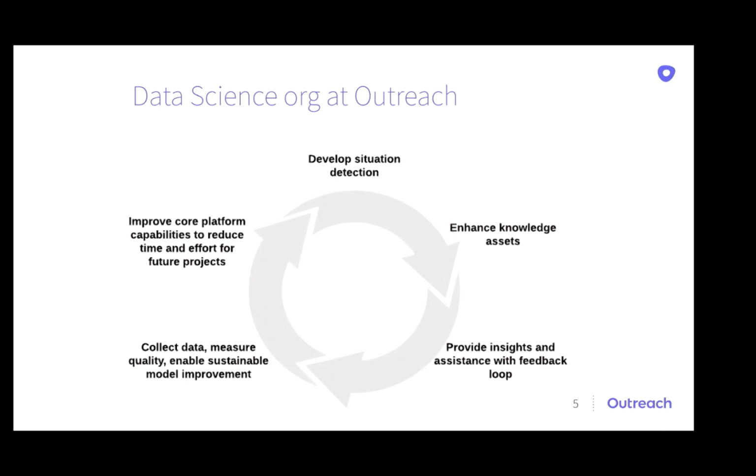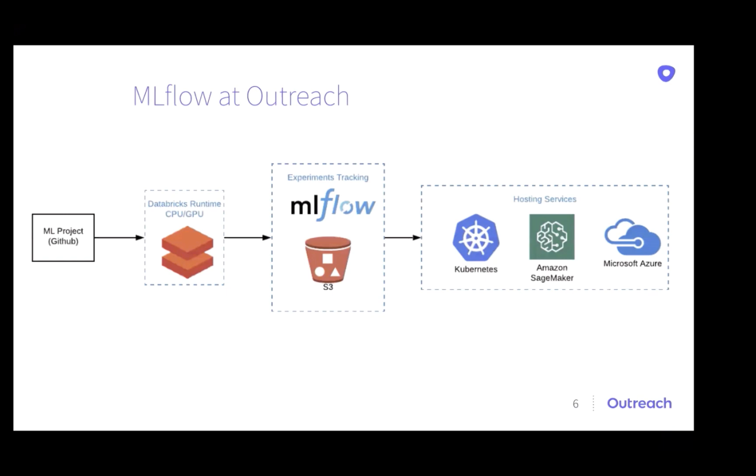Next, Jiwei will dive into the CI/CD pipeline, which is powering our NLP BERT model. Jiwei? Yeah, so first, MLflow is an open source tool to manage the ML lifecycle, including experimentation, reproducibility, deployment, and a central repository. In Outreach, we use it a lot.